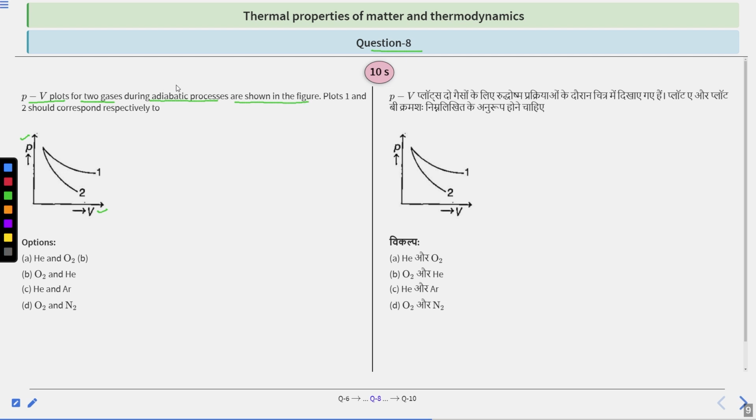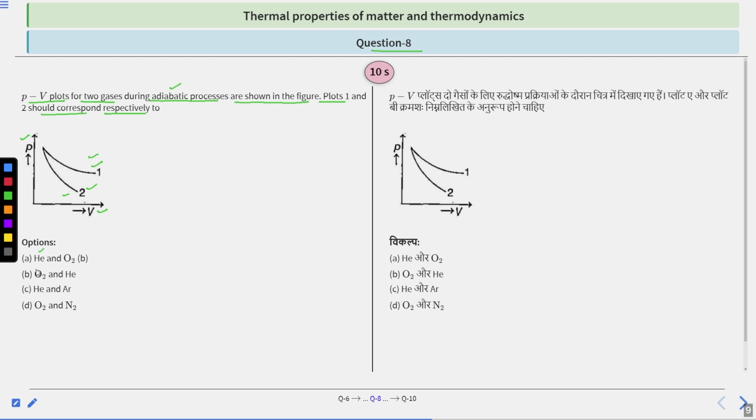Adiabatic process means Q equals 0. So this is plot 1 and this is plot 2. Which gases should plots 1 and 2 correspond to, respectively?